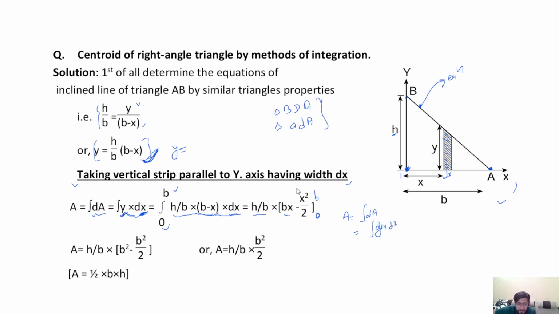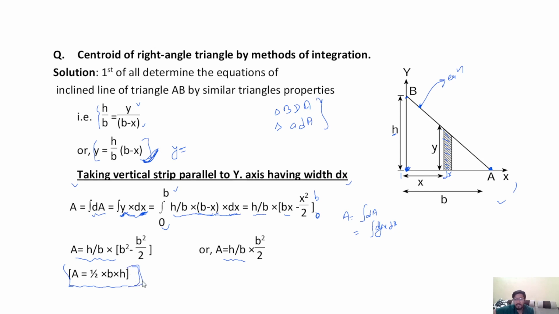Finally we can calculate the area of this triangle to be 1 by 2 b into h. The area of triangle is 1 by 2 b into h.